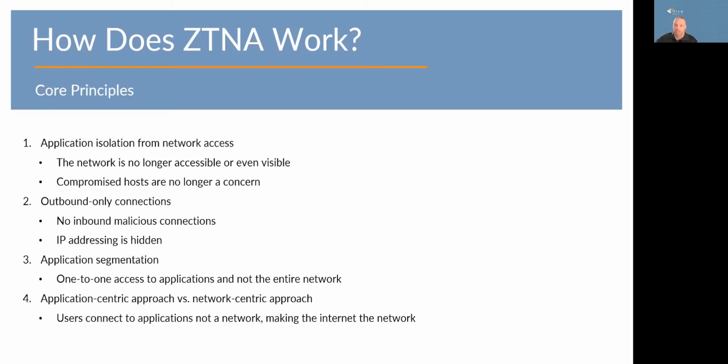And in this case, it's not even visible. So if I were to do a network discovery today on my network, even my home network, for example, I might find printers, other computers, other devices. When I get into a zero trust model, I won't see any of those, even if they are on the network, because my access and my visibility is locked down to what I should have access to.